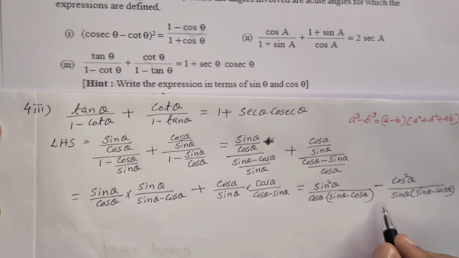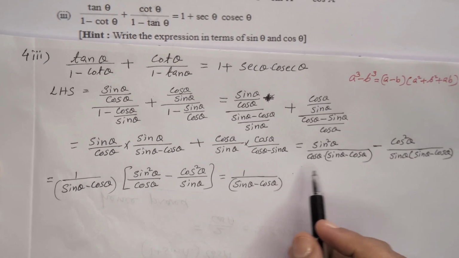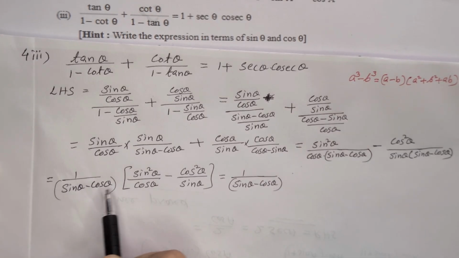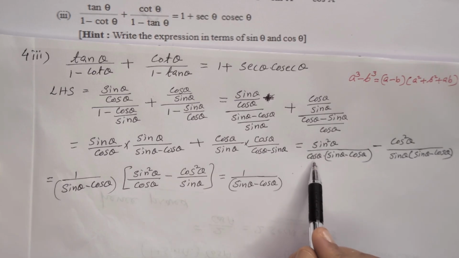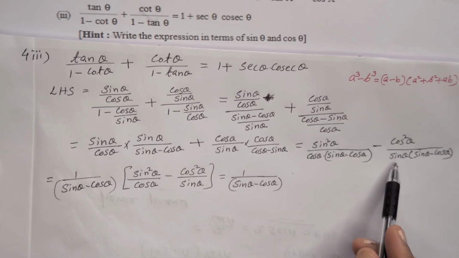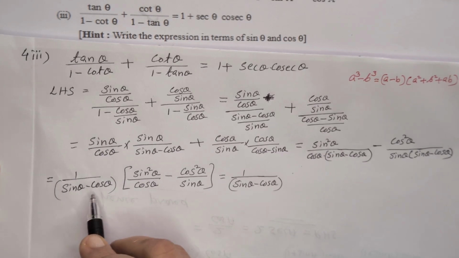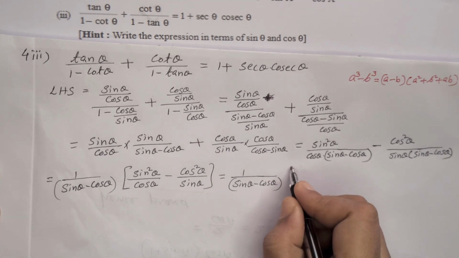Now from both the terms we can take 1 by (sin θ − cos θ) as common, since we have sin θ − cos θ in the denominator. So the numerator, first term sin²θ by cos θ minus cos²θ by sin θ, this term as common outside the bracket, and again 1 by (sin θ − cos θ) outside the bracket.